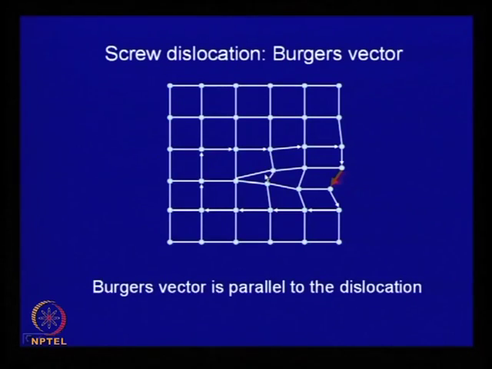Here this top part has gone behind the plane of this drawing, whereas if you imagine this top part comes out of the plane towards you, in that case this slip vector will point in this direction, that is opposite to the z direction. In that case, that type of dislocation we will call a negative screw dislocation.